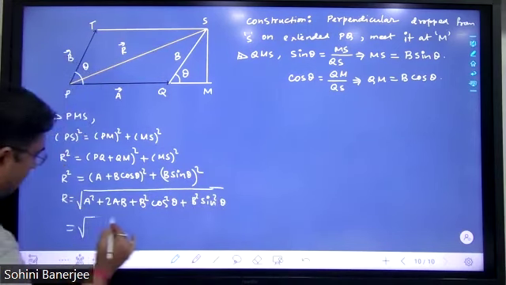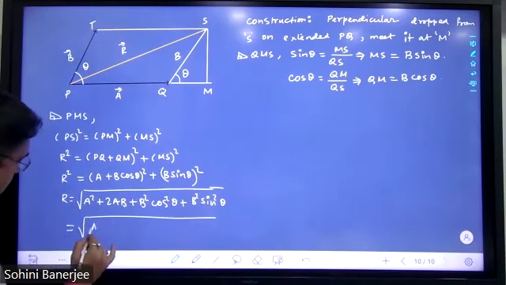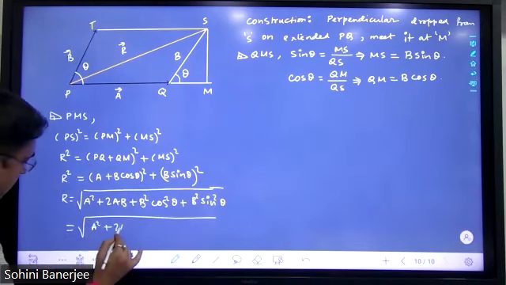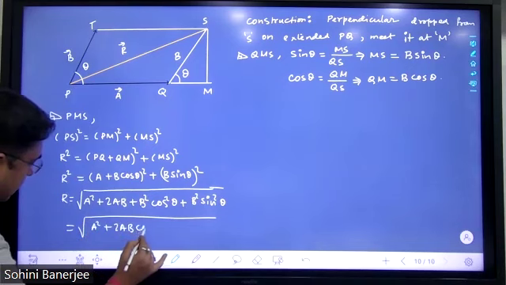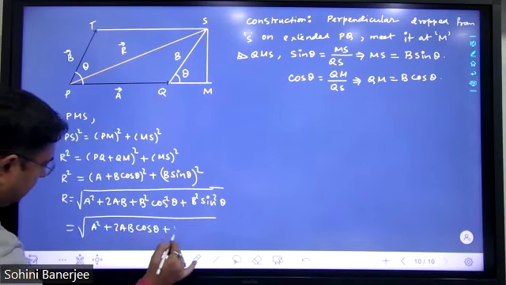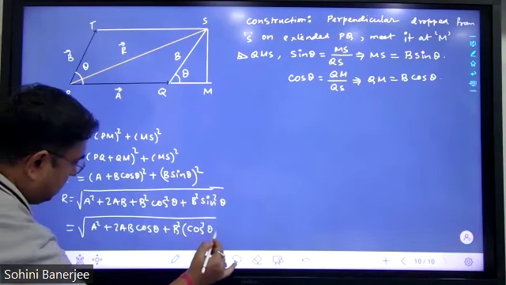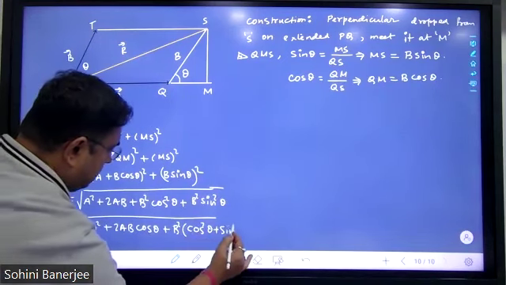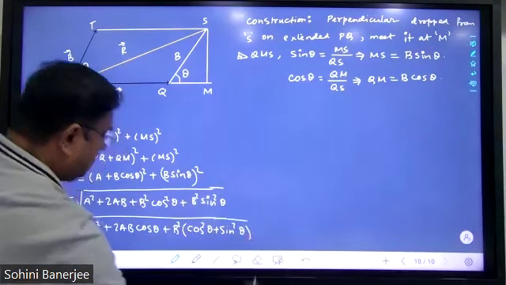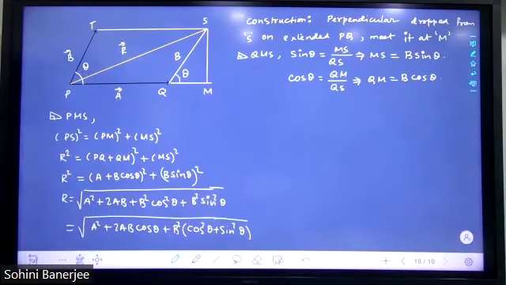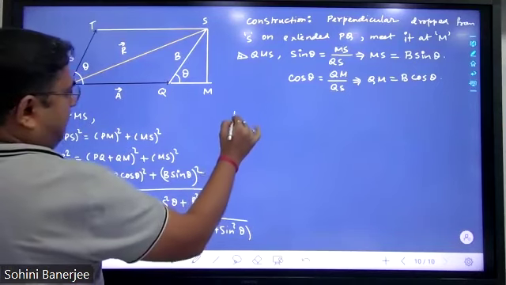So under root we get A square plus 2AB cos theta, B square taken common, cos square theta plus sin square theta, which is 1.